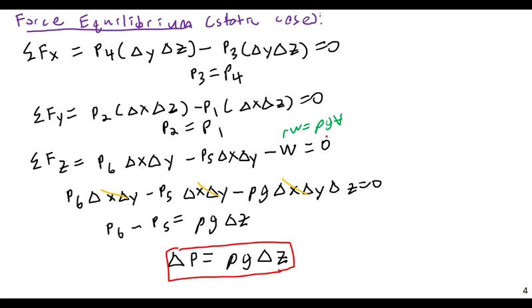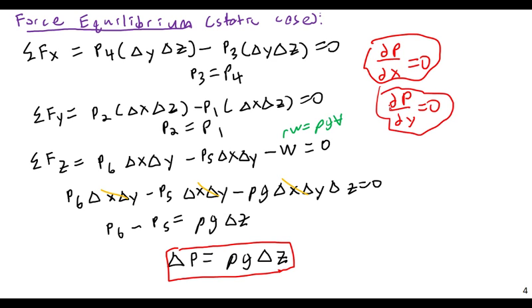So in other words, the takeaway from this is the partial of pressure with respect to x is going to be 0. The partial of pressure with respect to y is going to be 0. But the partial of pressure with respect to z is not equal to 0.